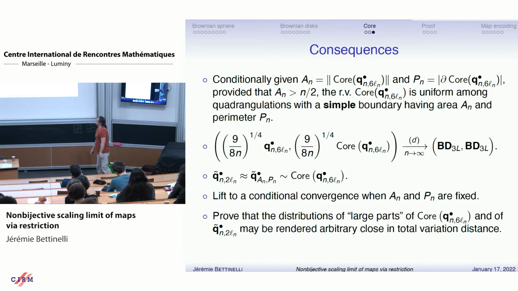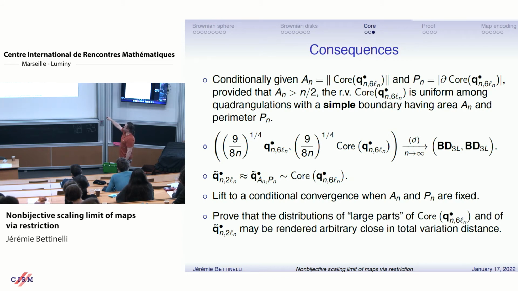And also, it's not very complicated to see that we know that this object, Q_n^{l_n} pointed, is a uniform quadrangulation with n faces and a boundary of length 6 l_n, and then a uniform point. This doesn't change anything.